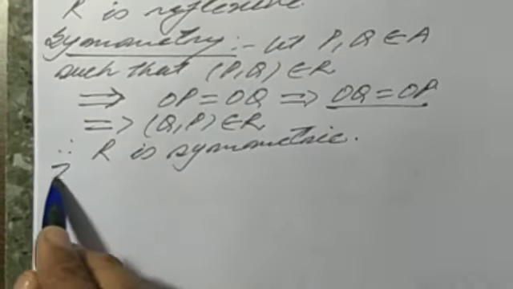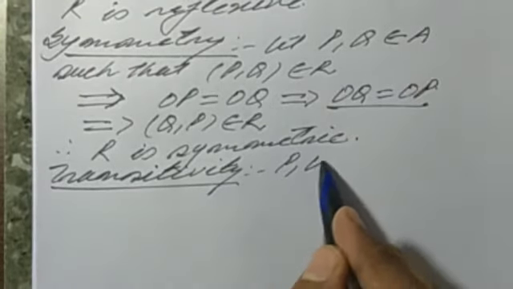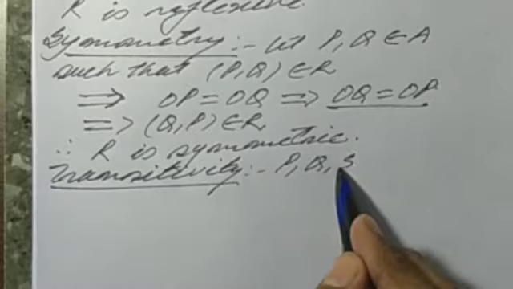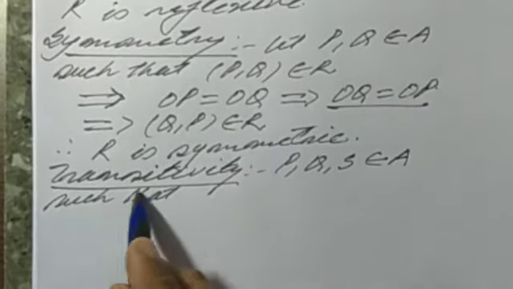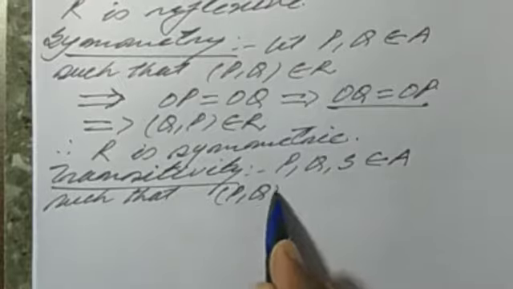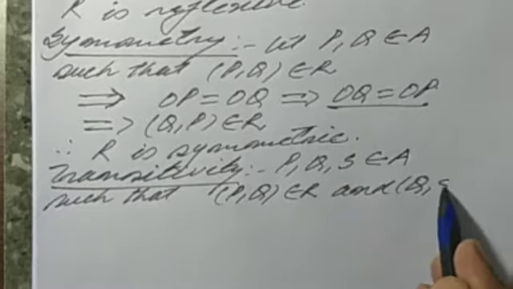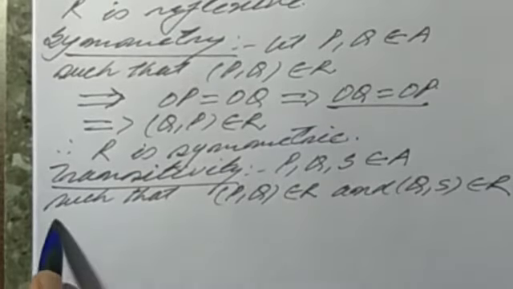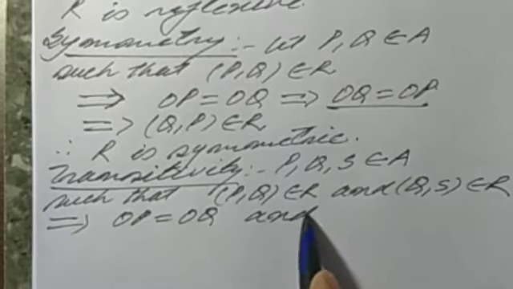Now let us talk about transitivity. For transitivity, let us take three arbitrary points P, Q, S from the set A such that (P, Q) belongs to R and (Q, S) belongs to R. It implies that by the definition OP is equal to OQ and OQ is equal to OS.